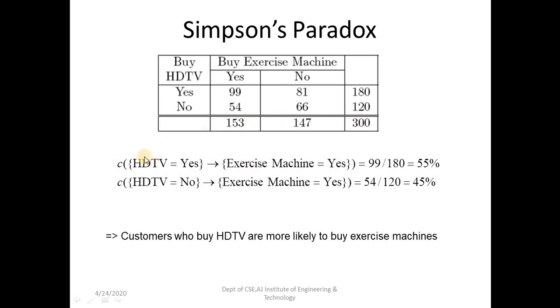Here suppose we have this rule: if a customer buys HDTV, then he will buy exercise machine. Now the confidence of this rule is equal to 99 divided by 180, that is, customers who buy both divided by the support count of HDTV, which is 180.